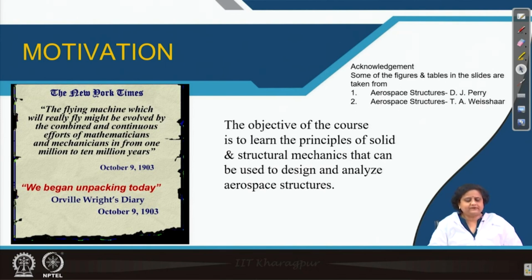This is a clipping that was published in the New York Times on October 9, 1903. I will tell a brief history about it. We all know about the Wright brothers. The first powered, heavier than air aircraft was designed and demonstrated by the famous Wright brothers.